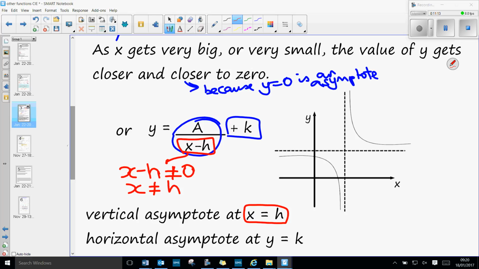So rearranging this, it means that x cannot equal h. So if it cannot equal h, then that means that that's its asymptote. Okay?